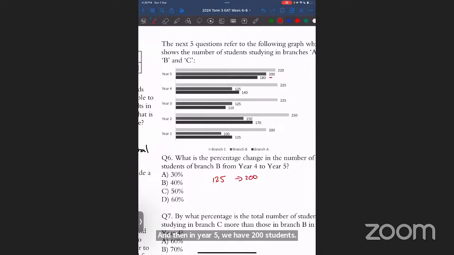So that's an increase of 75 students. Do you guys understand? To find the percentage increase, it's 75 over 125 because you start with 125, and that is equal to 3 over 5 because I simplified it, which is equal to 60%.